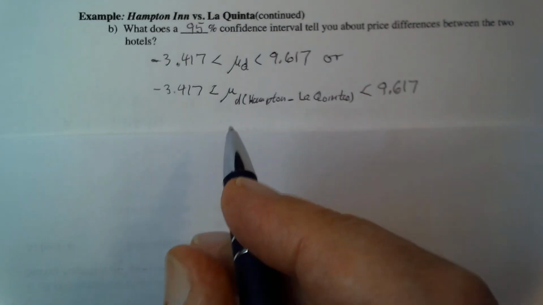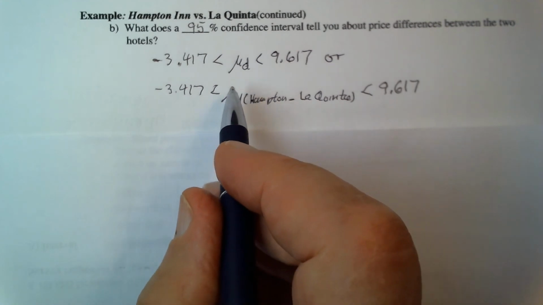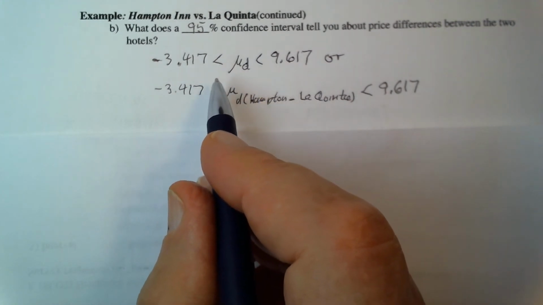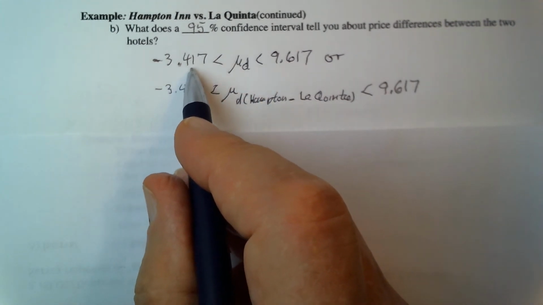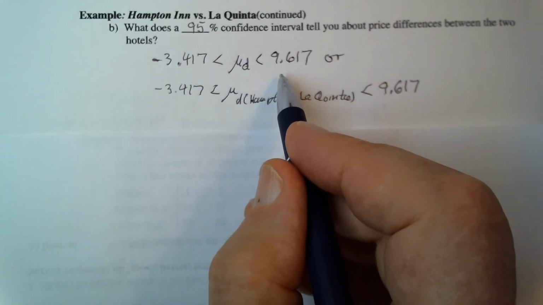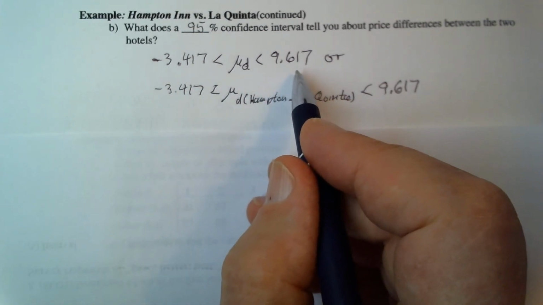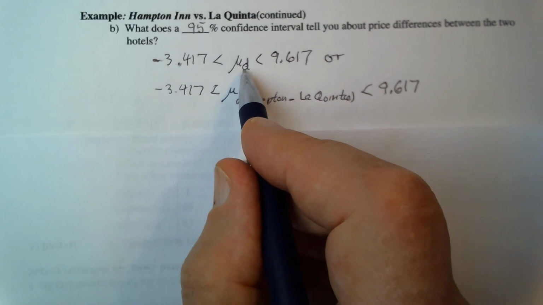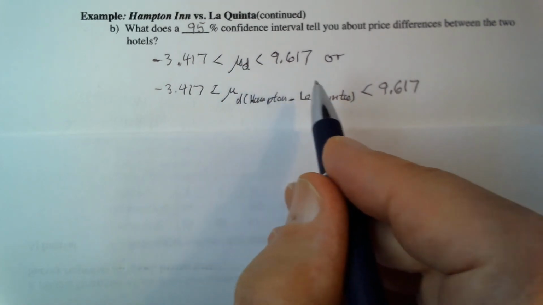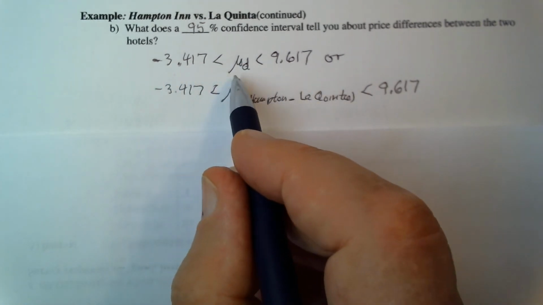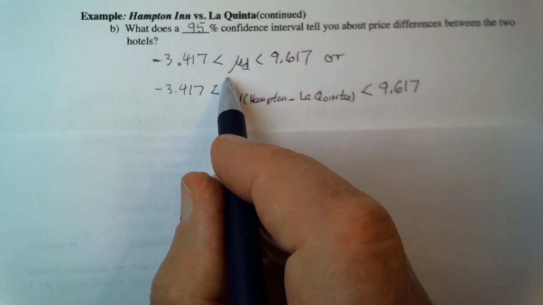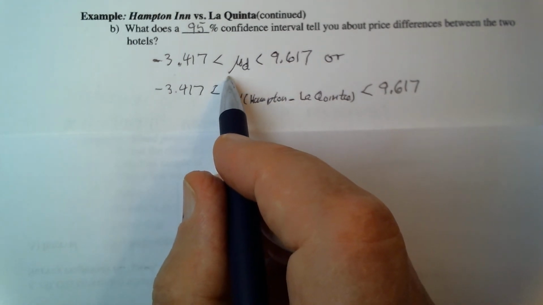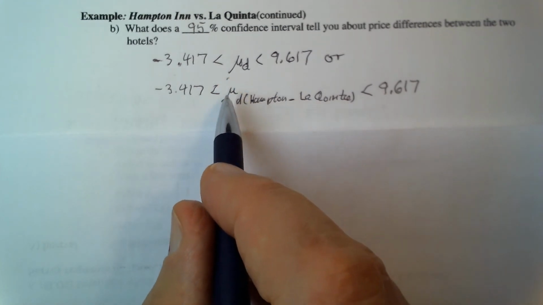Using technology, we determined that the confidence interval at 95% is from minus 3.417 to 9.617 for the mean of the differences. And since this confidence interval includes 0, we can conclude that there is no predictable difference between the price of one night stay of these two hotel chains.